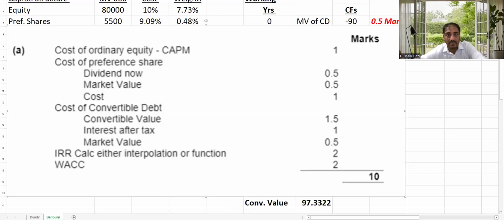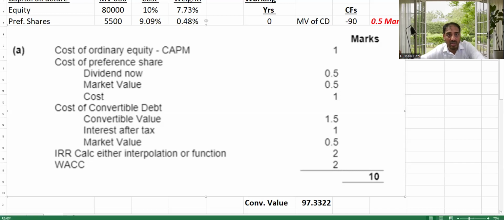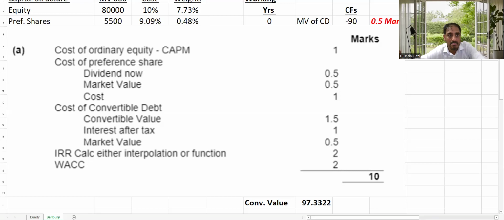You can read it. That's very important for exam purposes. The examiner allocates the marks for preference shares: dividend 0.5, market value 0.5. If someone has made a mistake in the numerator, the examiner will only deduct this mark, not the denominator.